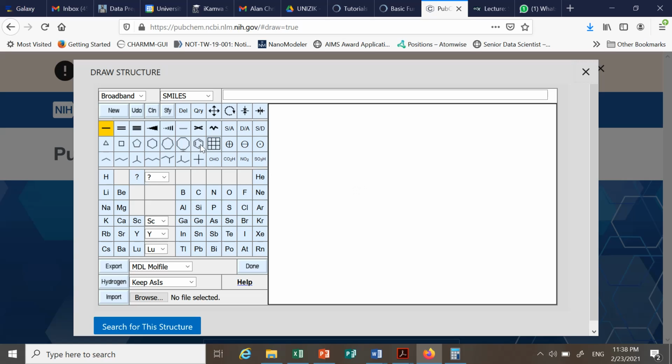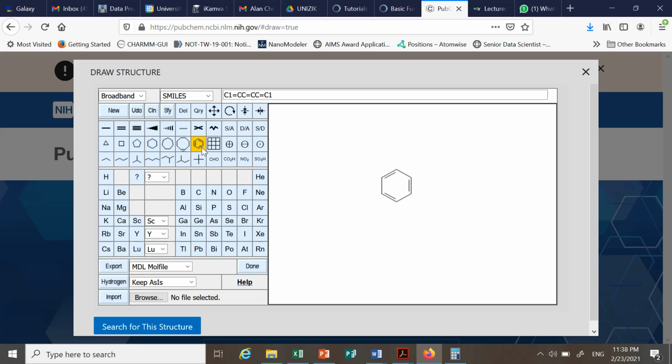So I'm just going to draw a random structure. In the hands-on exercise, I've given you 3 compounds that I want you to draw and search for. So we're going to draw a hypothetical compound here and search for that compound. Okay, so I just pick this benzene ring and put it on the board.